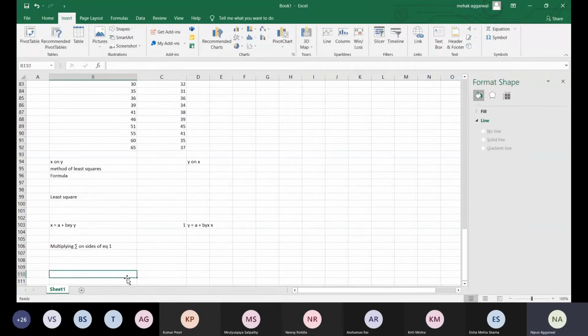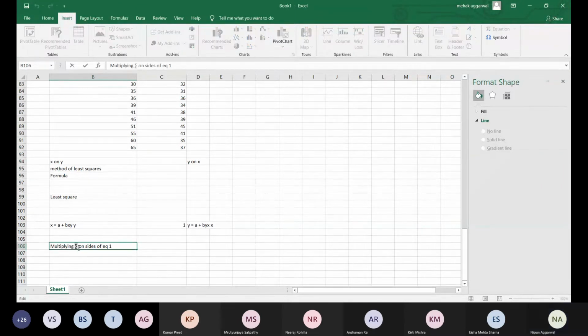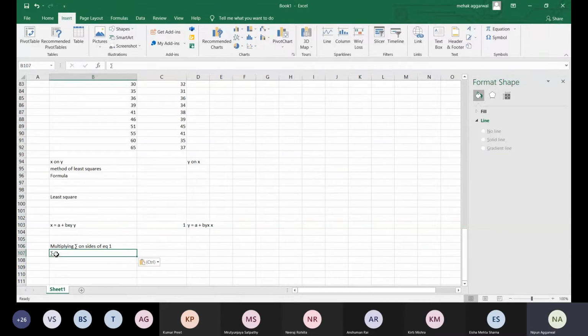After multiplying sigma on both sides, the equation becomes summation x is equal to summation a.